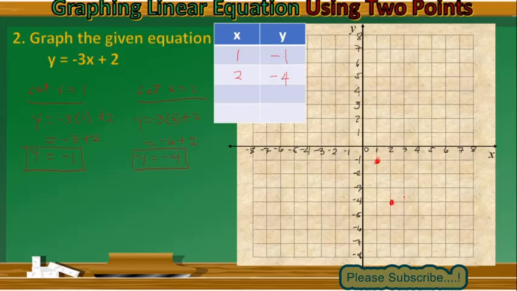Okay, connecting those to form our graph, that will be our graph for that equation. So this point is 1 for x, negative 1 for y. This point is 2 for x, negative 4 for y. Okay, that is how to graph a given equation.